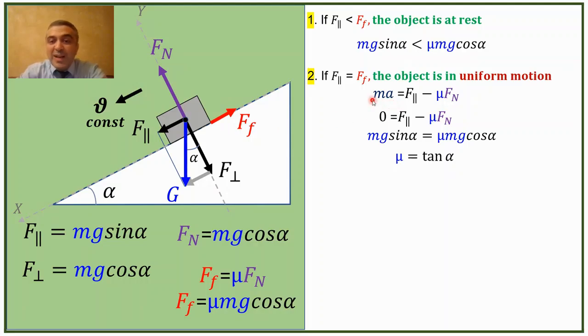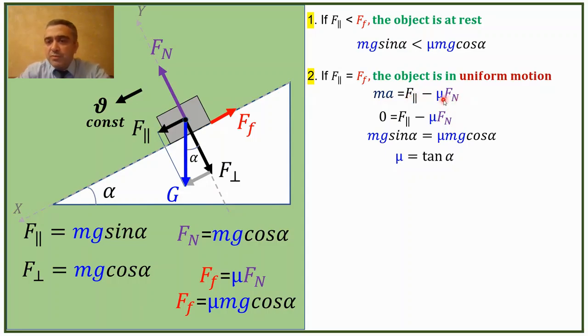If we apply Newton's second law to this case, it states that the resultant force, or net force, equals thrust force minus friction force. Thrust force in this case is the force parallel, so we can say that ma, mass times acceleration, equals force parallel minus friction force.